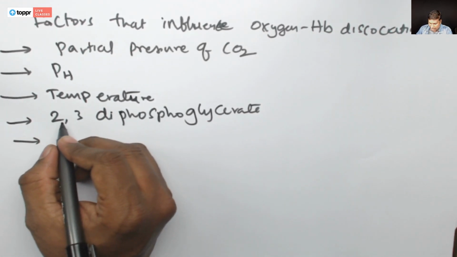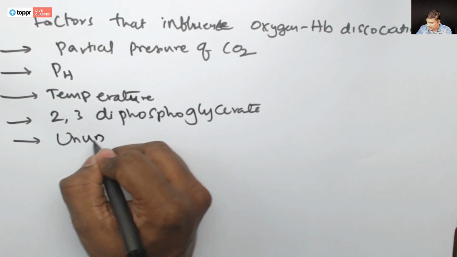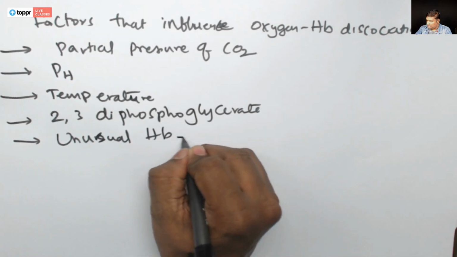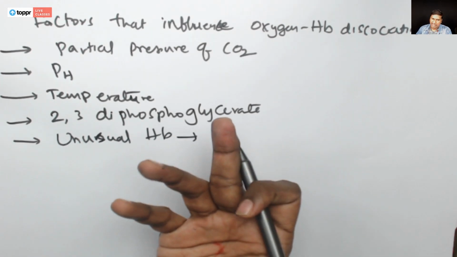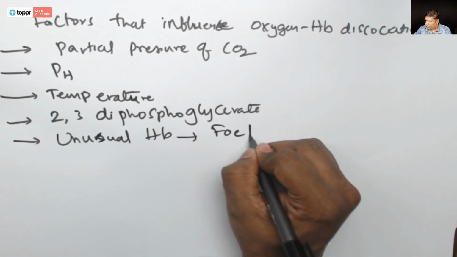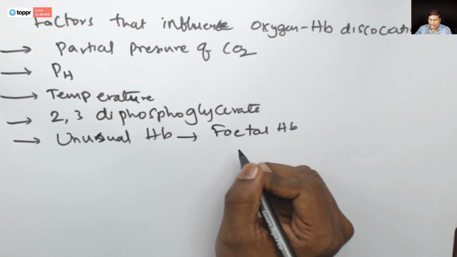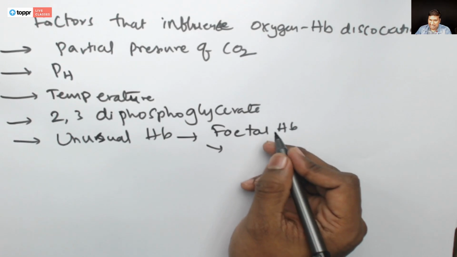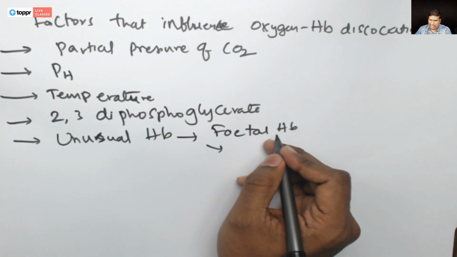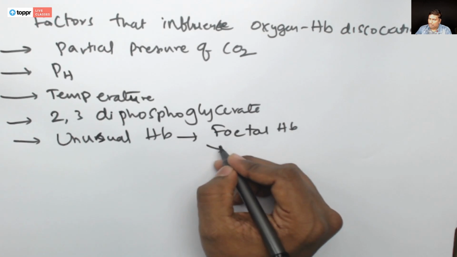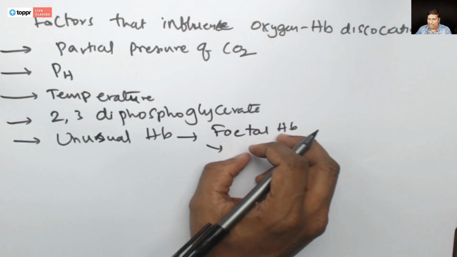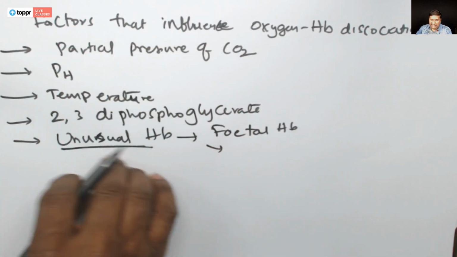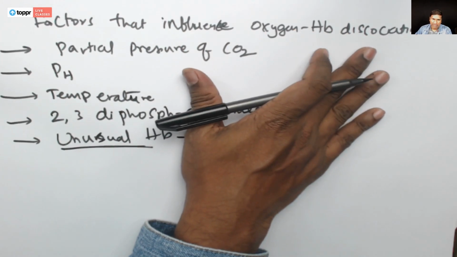And the other thing is unusual hemoglobins. When I say unusual hemoglobins, in the fetal stage you have fetal hemoglobin, not the adult hemoglobin. And in people with thalassemias and sickle cell anemia, they have a different hemoglobin. In those hemoglobins the oxygen binding capacity will be different from a normal hemoglobin. So these factors actually influence the oxygen binding capacity of hemoglobin.